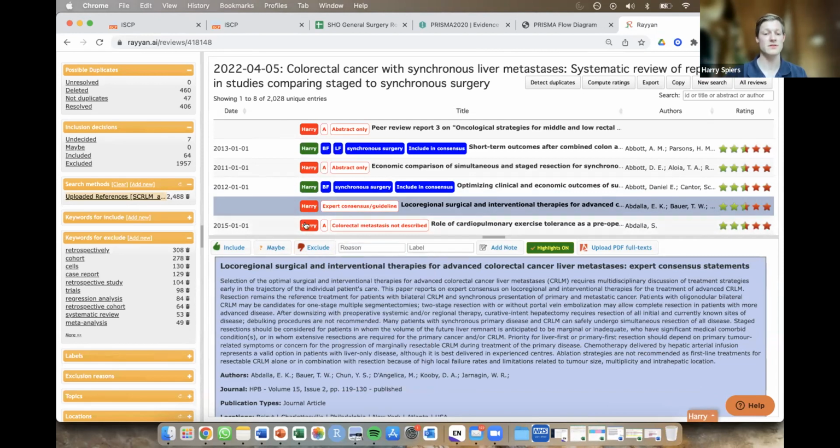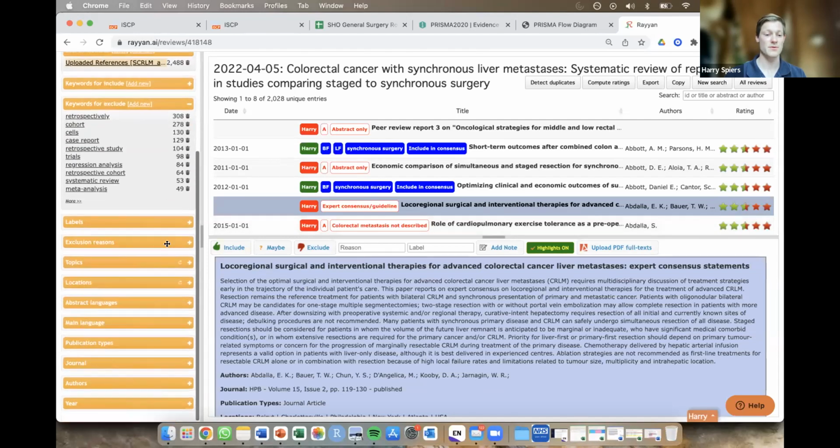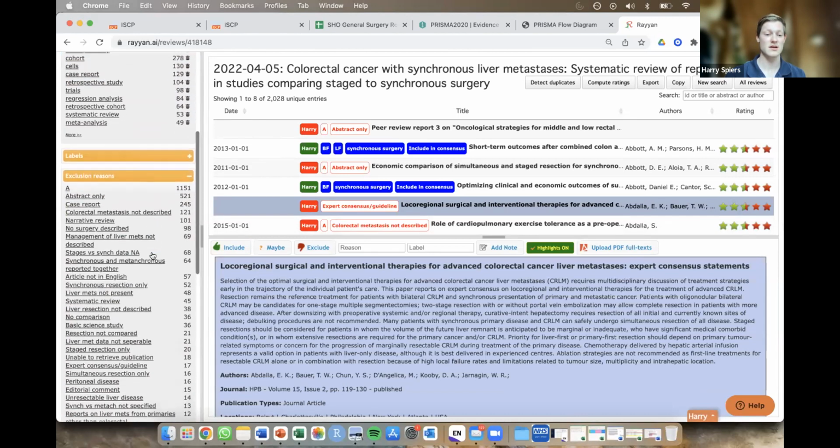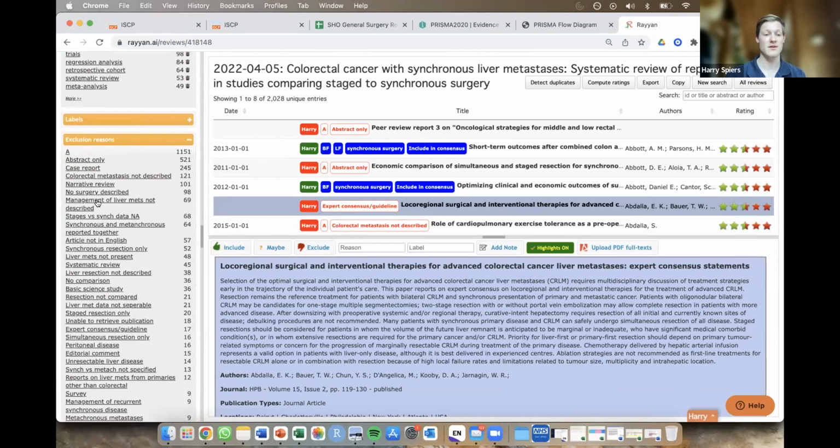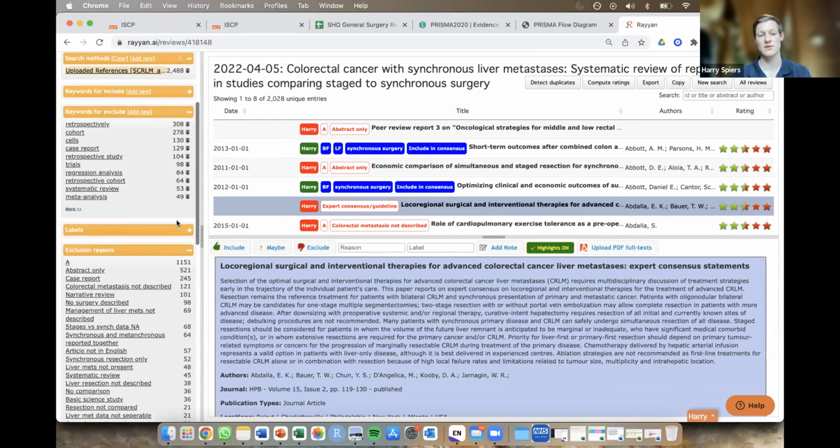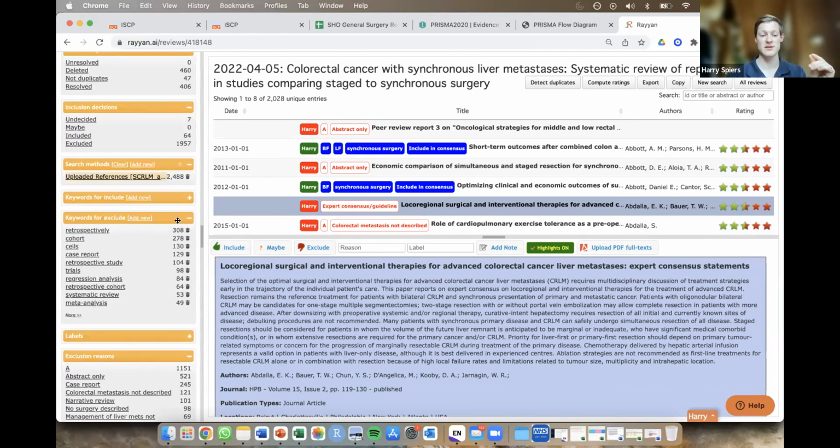So for example, in this one, I've excluded this one because it doesn't describe the disease that I was looking at, okay? And then when it comes to doing your Prisma diagram and understanding those reasons at the end, I know how many of each thing have been excluded and what the label is and why. So exactly as Theo says, good methodology is to be able to say, I've excluded this many articles for this reason, this many articles for this reason.